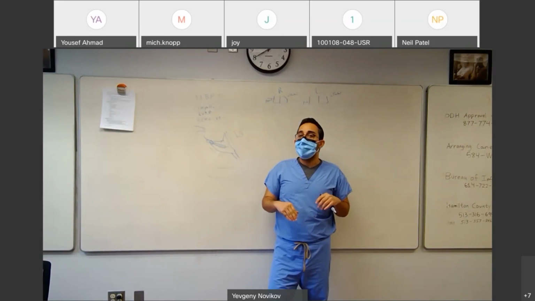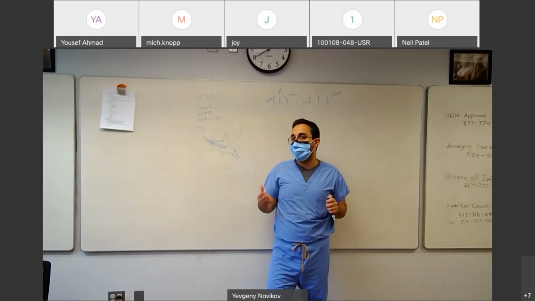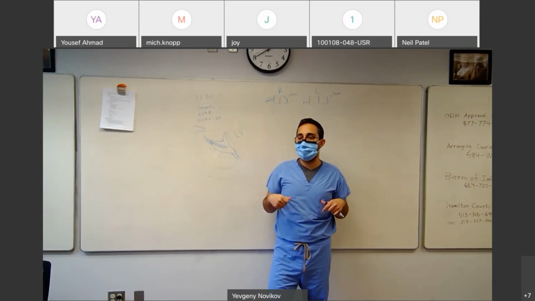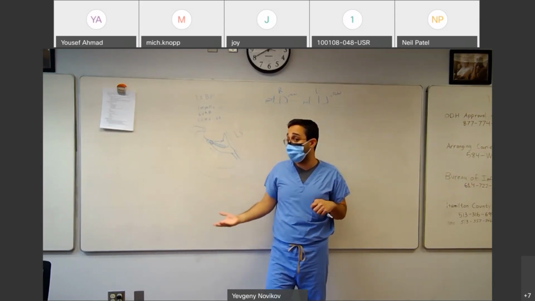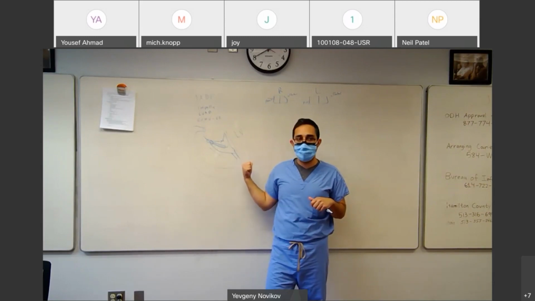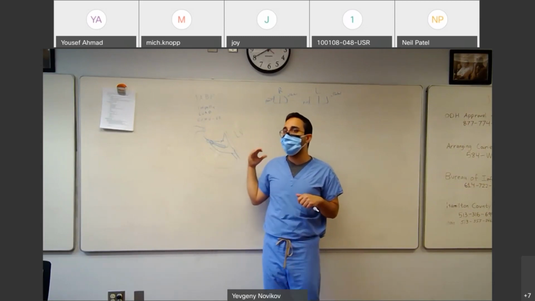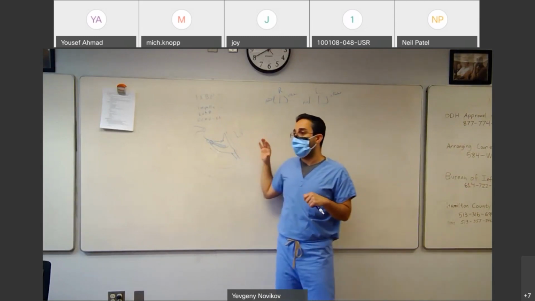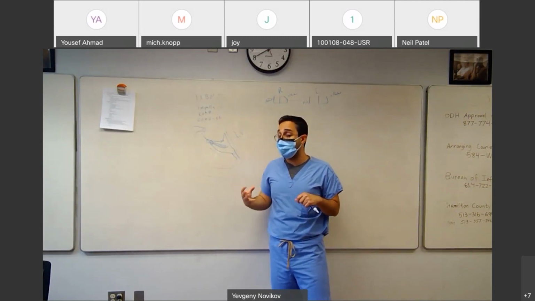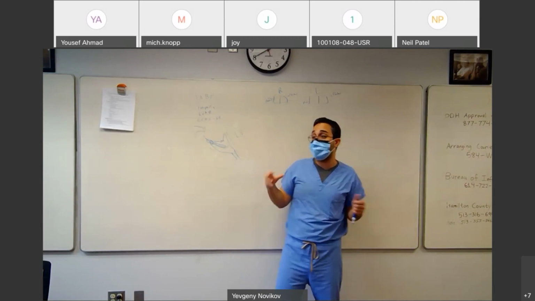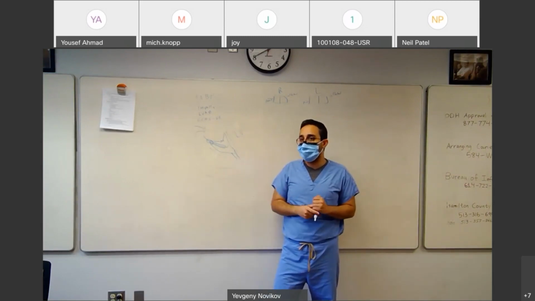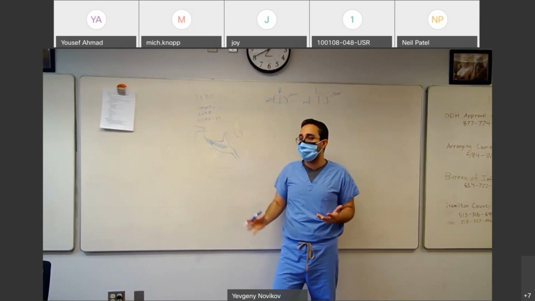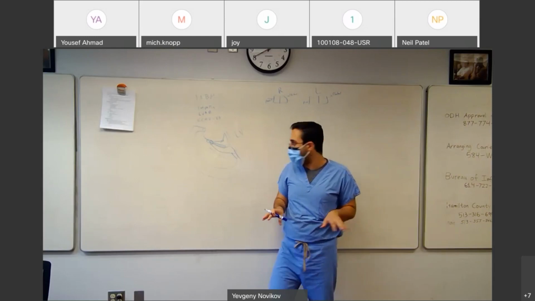Now, if the RV failure is temporary because, let's say, they had temporary ischemic disease or RV failure because of an immediate LV failure, if you put a pump in, you fix that problem because you're removing the afterload that the RV at that point is seeing. And since you're removing that afterload, because your LV is now functioning, it's going to go back to normal. It's very resilient in picking up its function and going back to normal. Does that make sense? Okay.